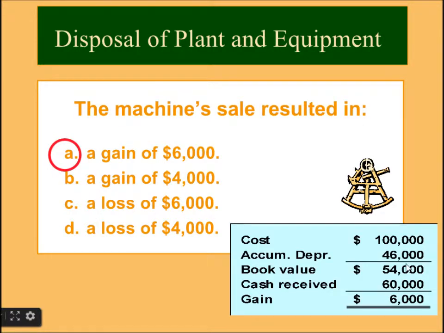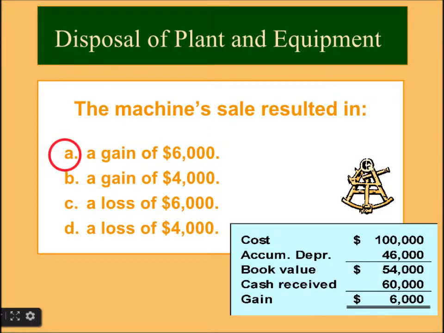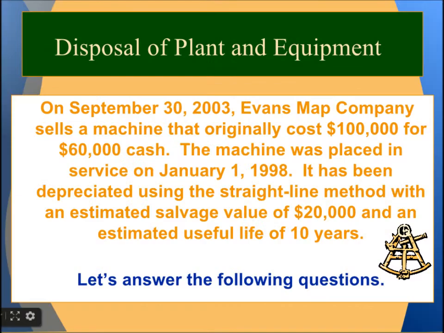The machine sale resulted in, we have to answer this question, so let's calculate. Original cost was 100,000, accumulated depreciation as calculated before was 46,000, book value came to be 54,000, and then cash received was 60,000 as per here.